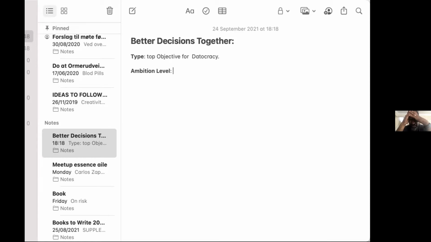Optimizing outcomes for the entire group rather than preferencing certain individuals. Okay. Optimizing outcomes for the entire group, rather than, and give me more words here.